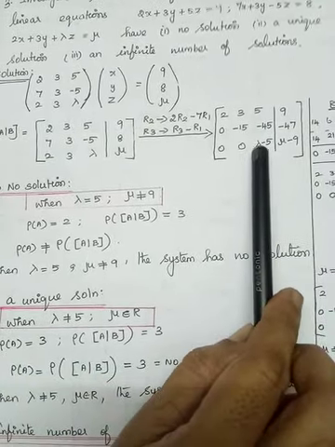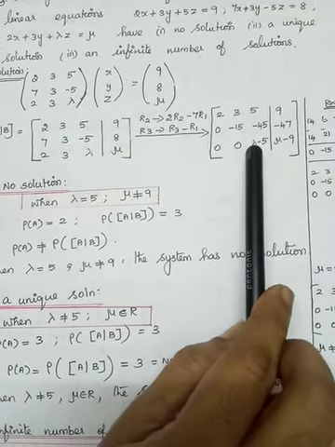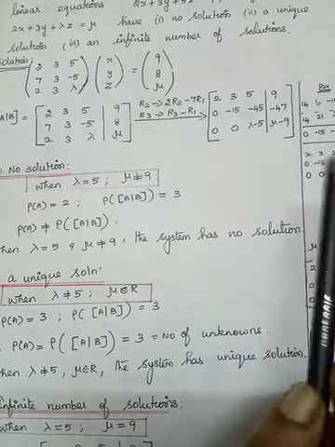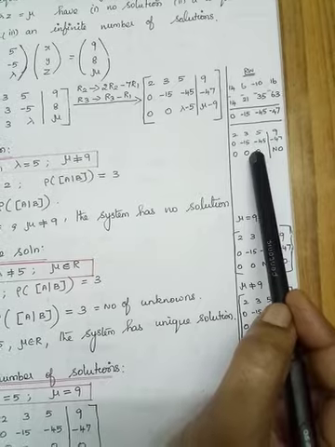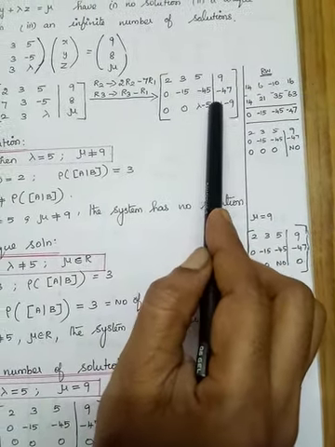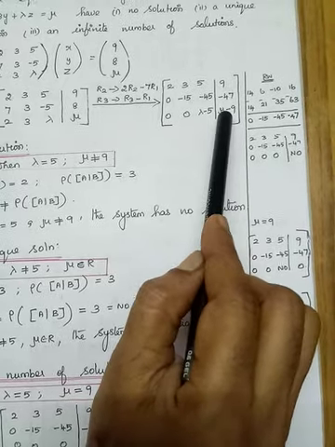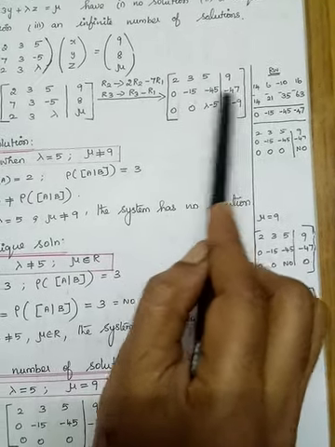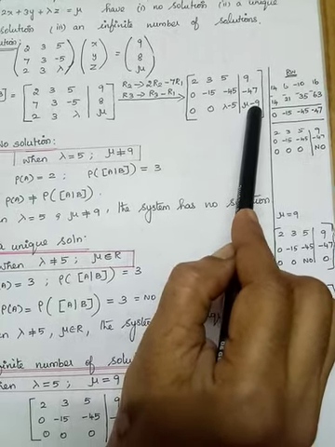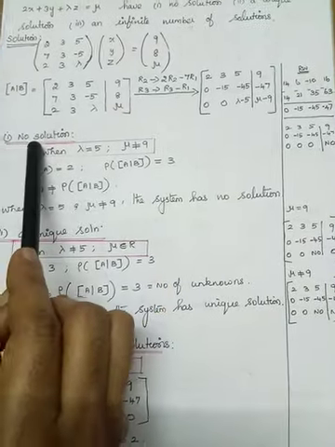Okay, so how to make this place a 0? We have to substitute lambda equal to 5. Lambda equal to 5 means this place will become 0. And mu is not equal to 9. If mu is equal to 9, this place also becomes 0. All the elements of R3 will become 0, so we will not get no solution.